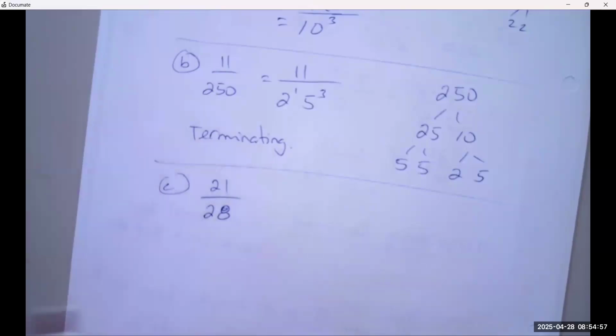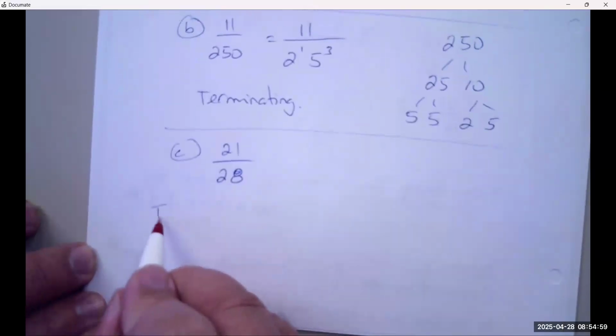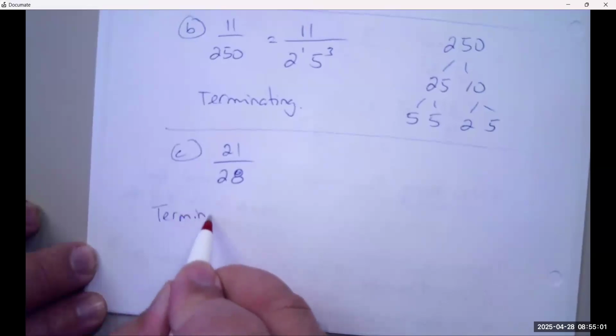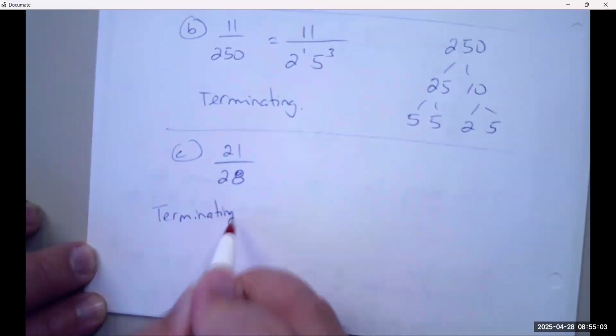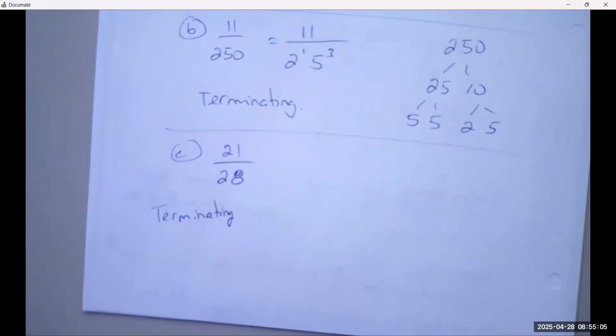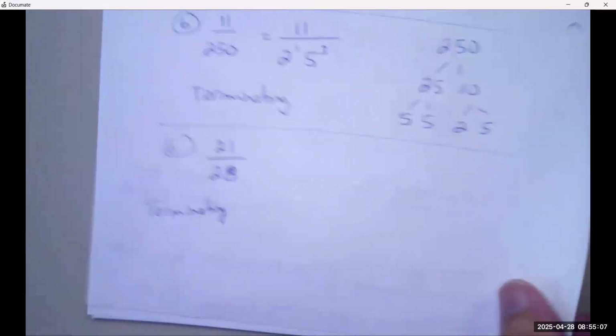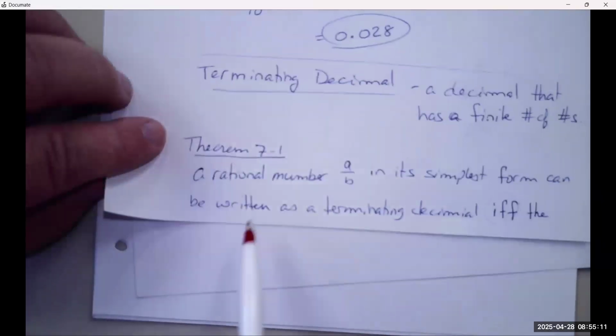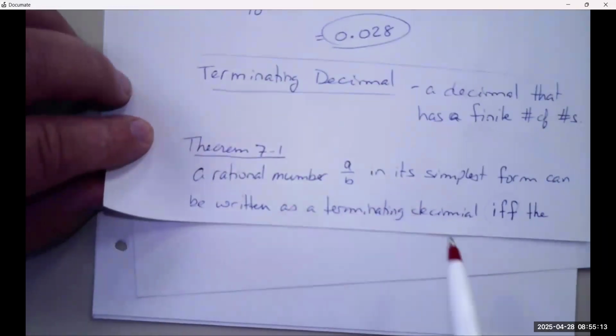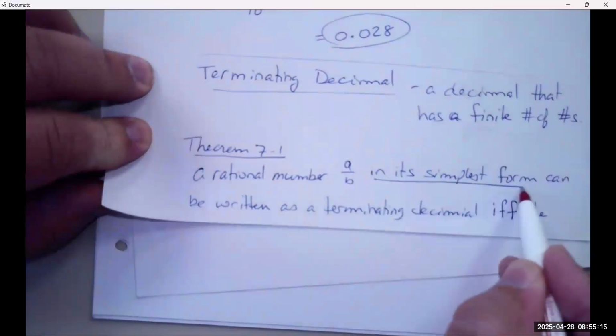It isn't terminated because its factors are 2, 7, and 2, 5. It is a terminating. Remember what the thing said. The theorem said a rational number a over b in its simplest form.